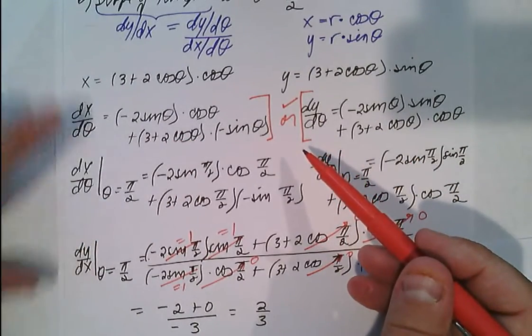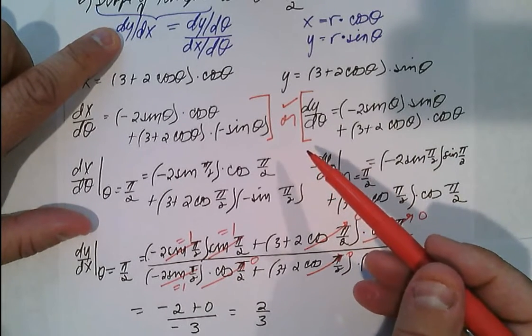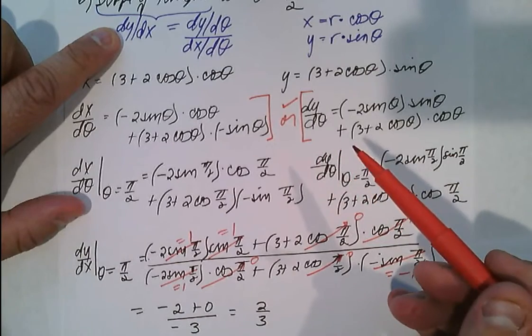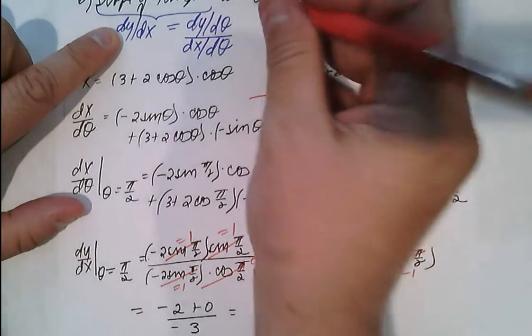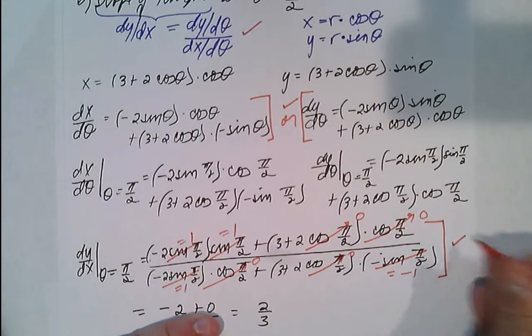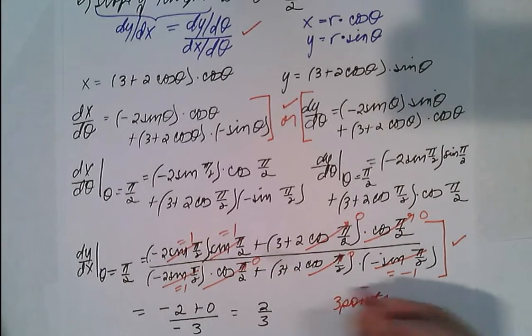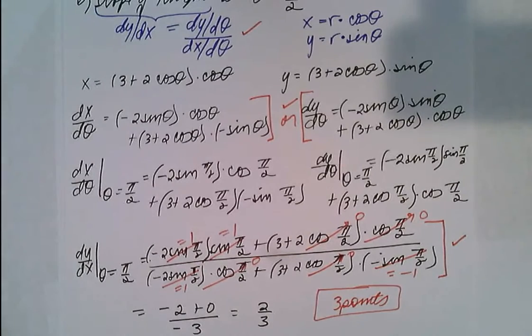For knowing that dy dx is dy d theta over dx d theta, that is going to award you another point. And then for getting here to the unsimplified answer, or to the 2/3, gets you that final point for a grand total of 3 points.